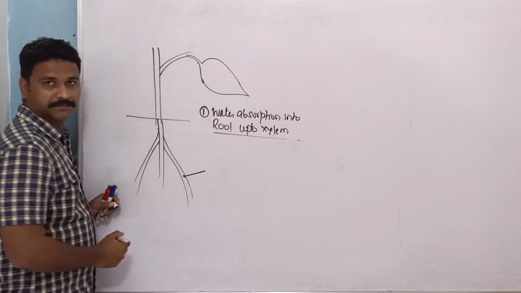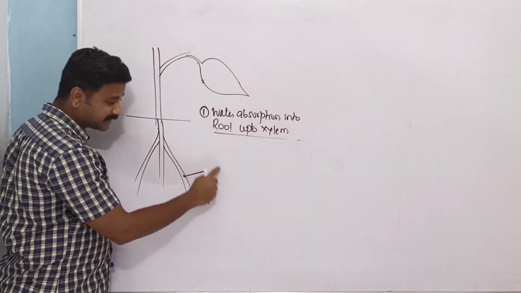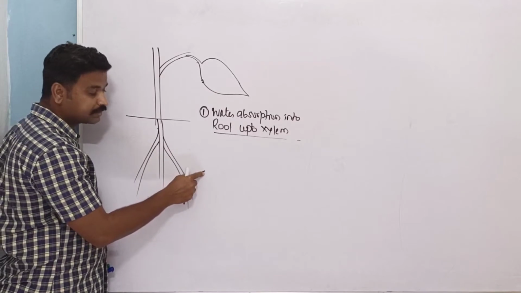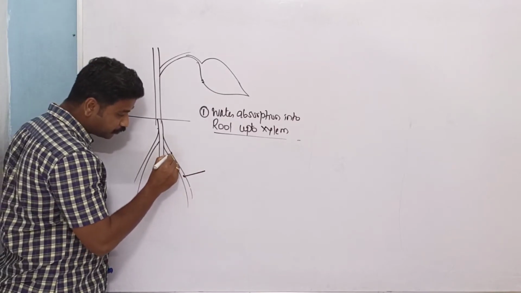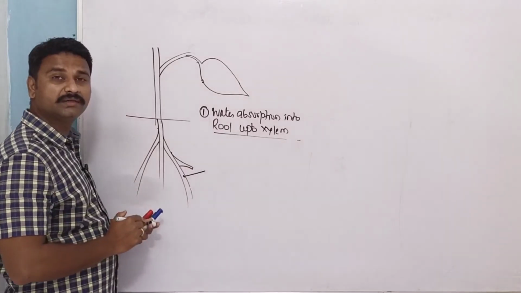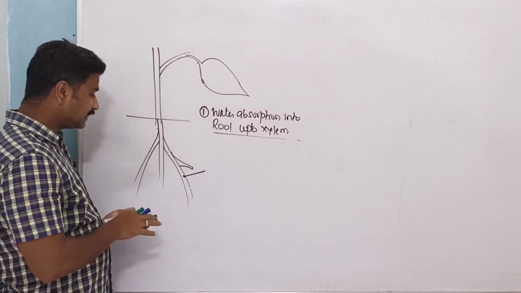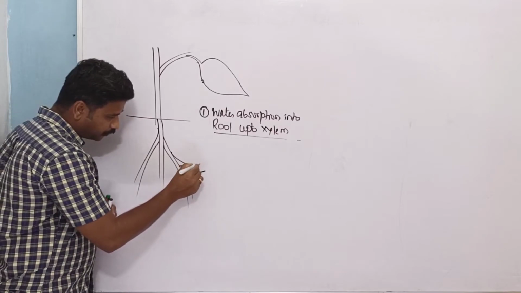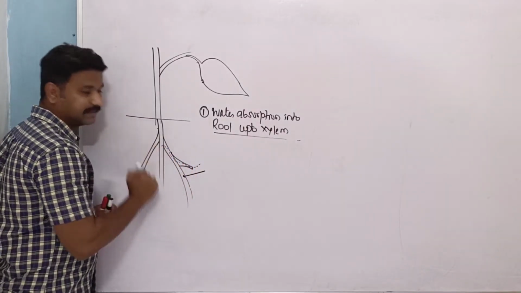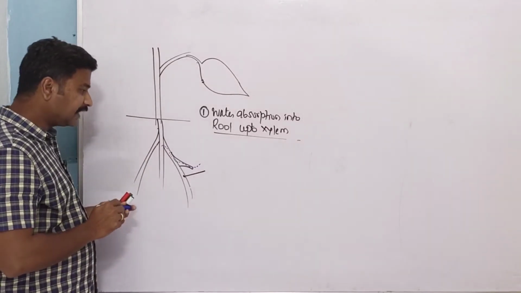This is the first step in which the water which is present in the soil, with the help of root hairs. So suppose this is a root hair, this root hair will absorb this water and then this absorbed water will get conducted up to the xylem. Clear?